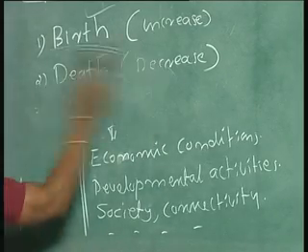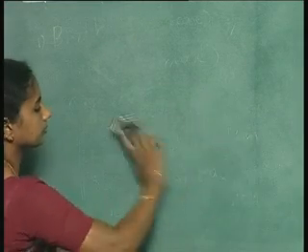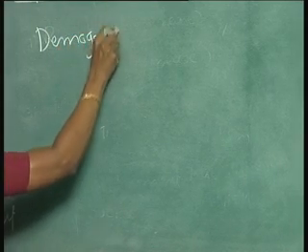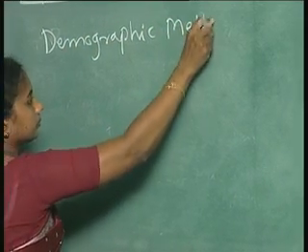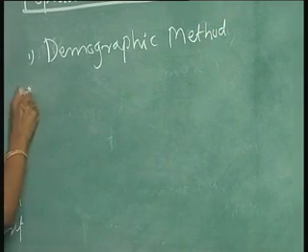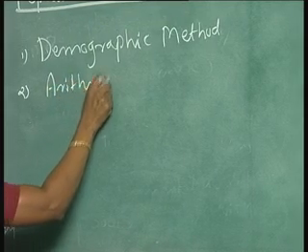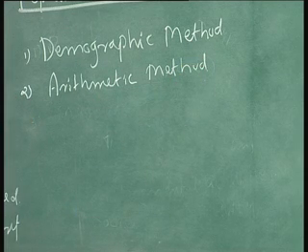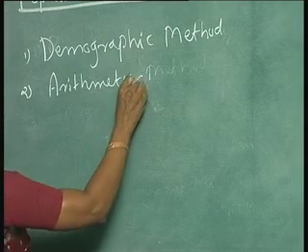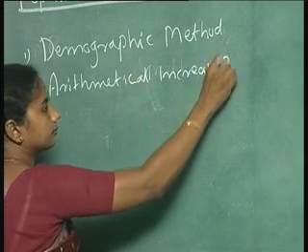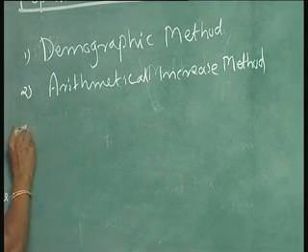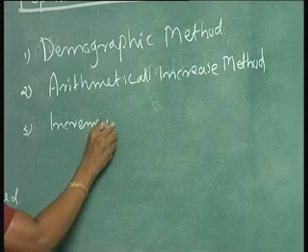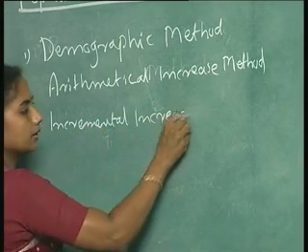Those are: first one is demographic method. Second, arithmetic method, or we can write it as arithmetical increase method. Third one is incremental increase method.